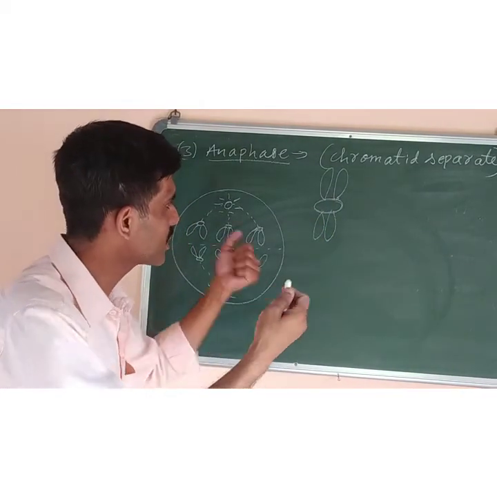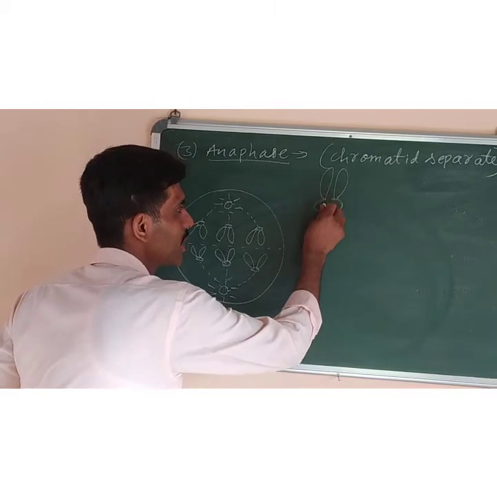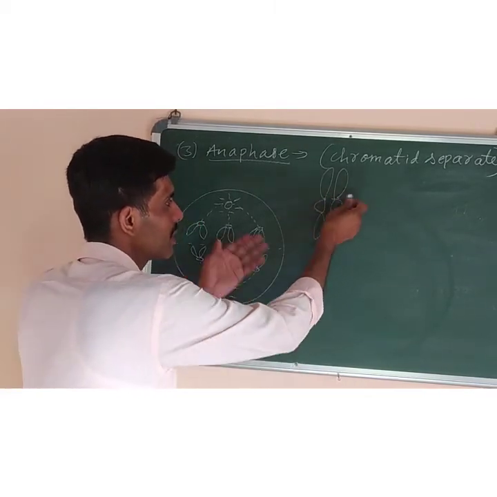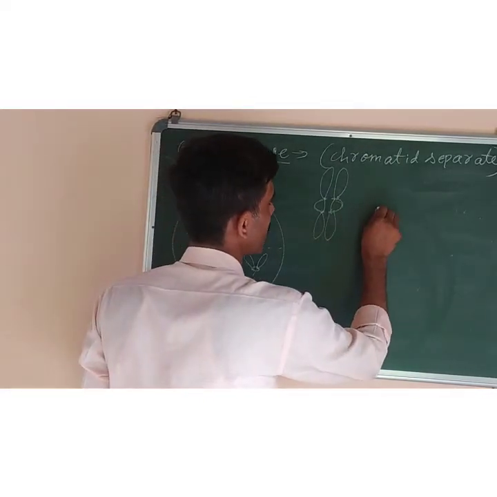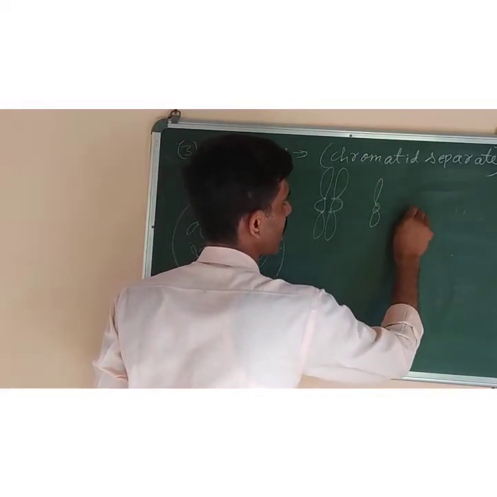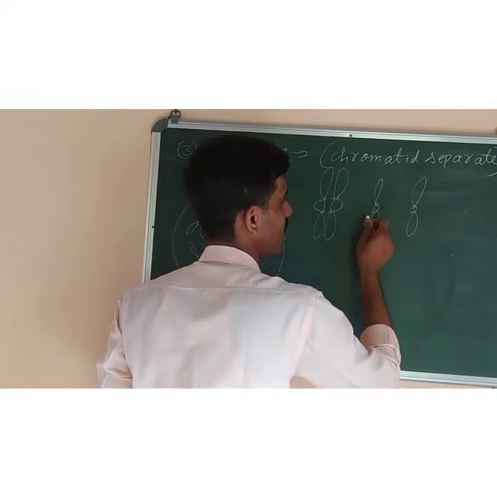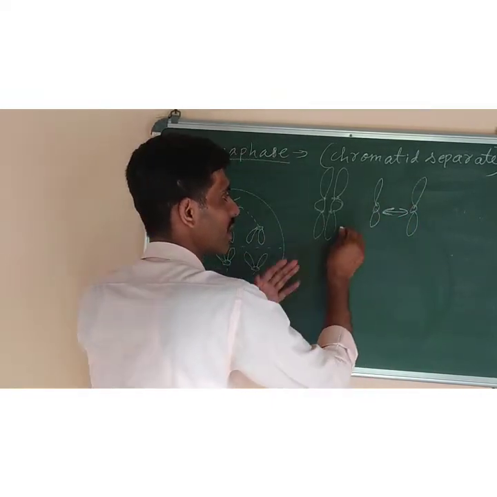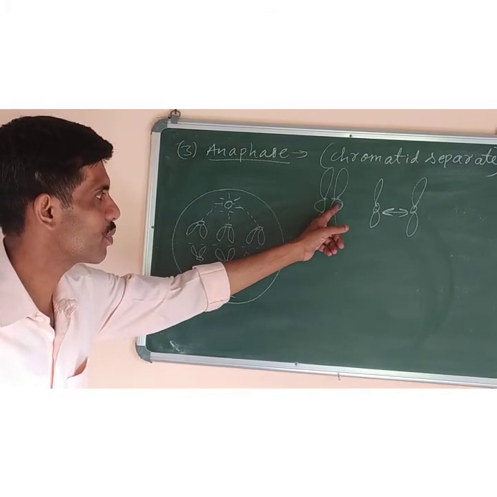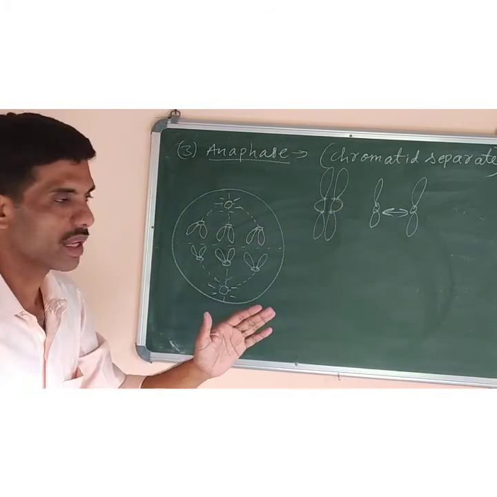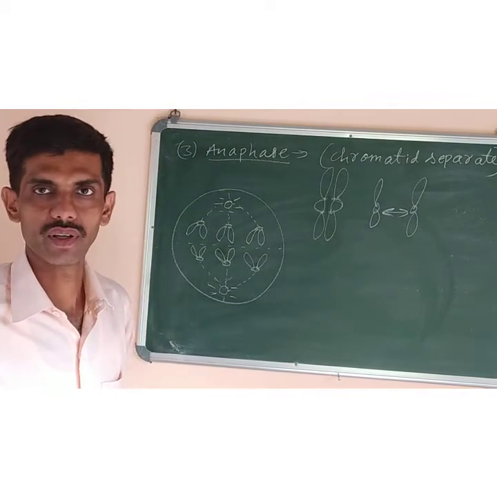The centromere will split. Now if I cut them here, then see, 1, 1, 2 are formed. Now these two chromatids are separated. Can you see from here? Due to splitting of the centromere, two chromatids were formed.